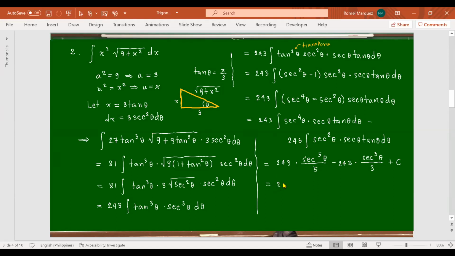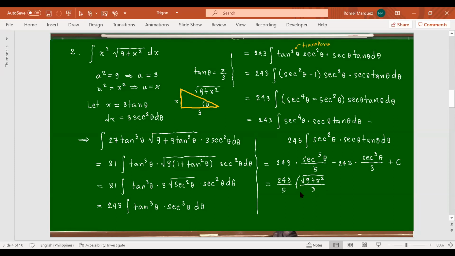So 243 over 5 times secant, which is the square root of 9 plus x squared, all over 3.